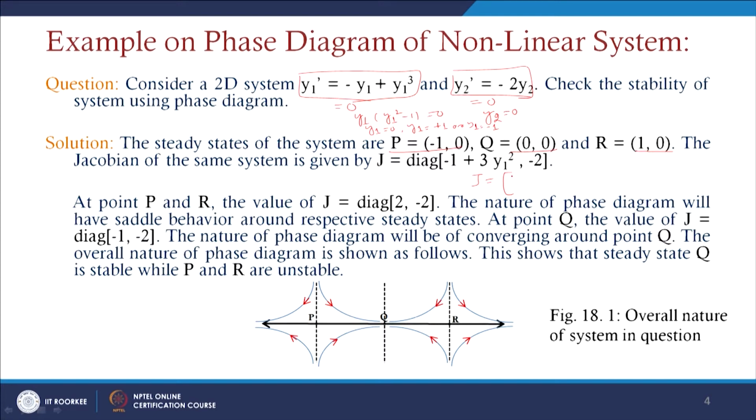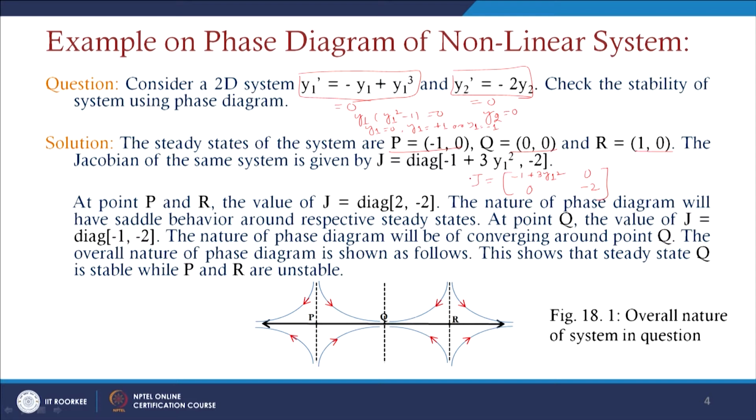That will give you minus 1 plus 3 y1 squared, and in the second there is no y2 present, so that will take the value 0. The third, if you differentiate with respect to y1, has no factor associated with y1, so that gives 0, and the last value, if you differentiate with respect to y2, gives you minus 2.